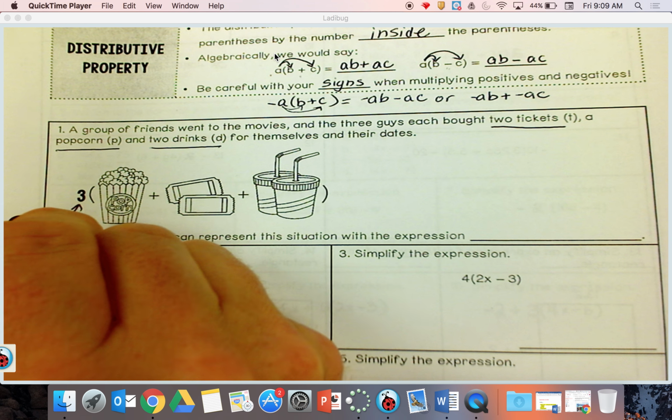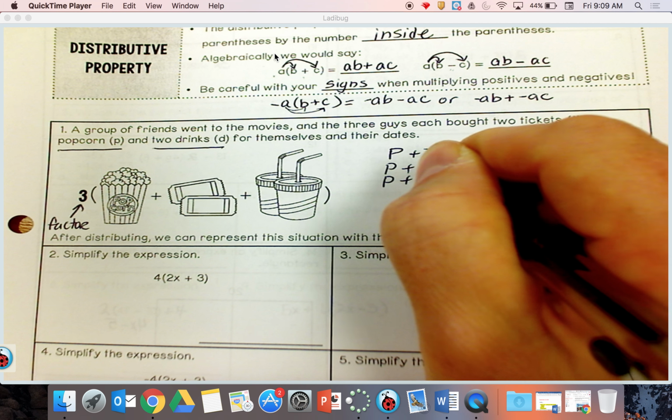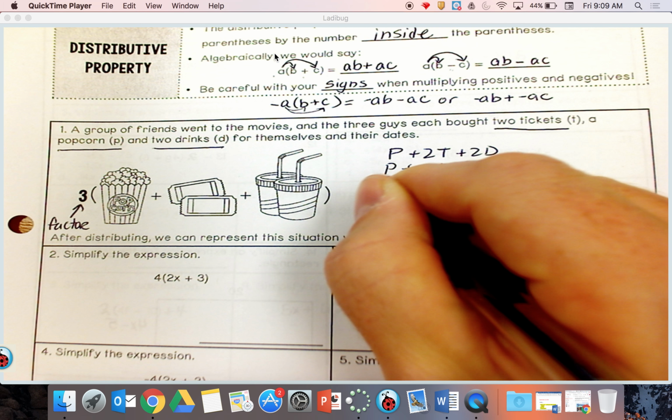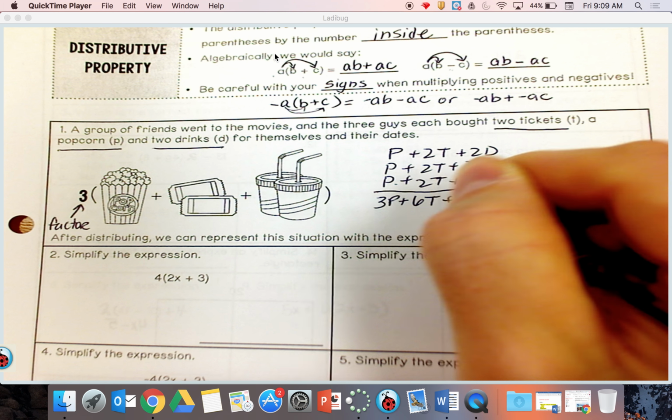You could list them all out: a popcorn, 2 tickets, 2 drinks, a popcorn, 2 tickets and 2 drinks, a popcorn, 2 tickets and 2 drinks. Then we could put them all together and combine the terms to get that solution. But that takes a little bit of a long time.